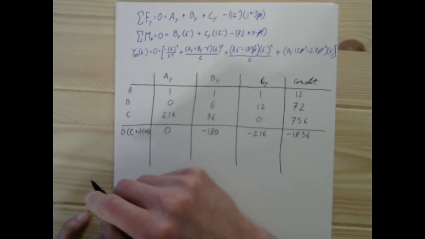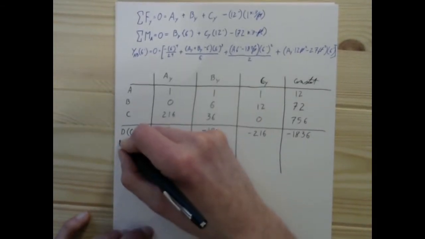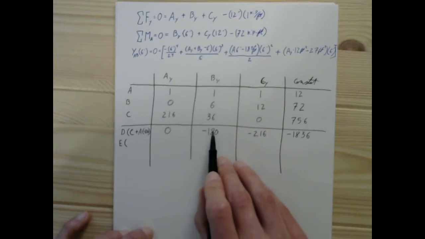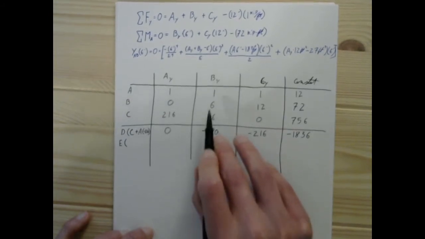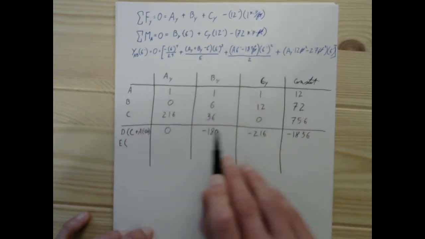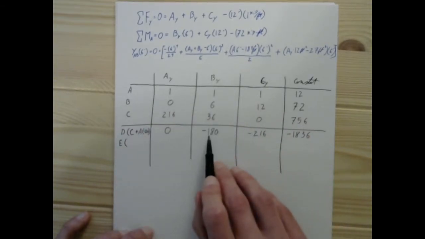Okay, sure. Now let's make equation E. Let's take D, and let's get rid of this right here, and we can do that by adding equation B times 30.